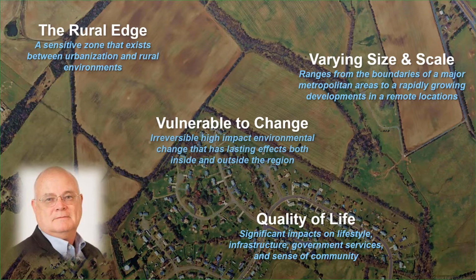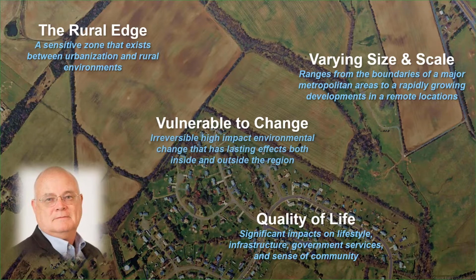Common characteristics, as Noel started to say, that we find in the rural edge are that very often the changes that take place are irreversible. It's not something that you can undo. That includes some of the changes that have very long-lasting effects. It also presents challenges on what some folks might see as a change in their way of life.